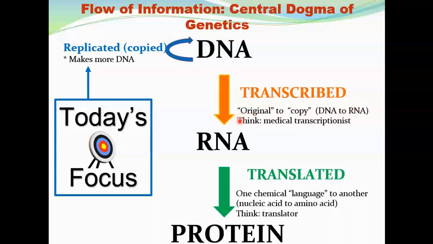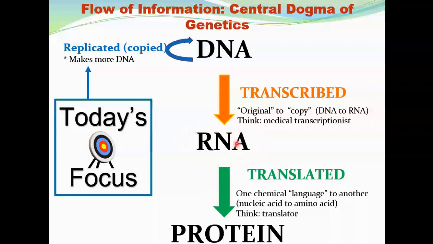So I want you to have in mind a job like a medical transcriptionist, those people who take what the doctor says in gobbledygook doctor gibberish speak and transcribe it into something that you and I can read on our papers that we take away from the doctor. And those papers, the equivalent of those would be RNA. The RNA tells us what to do.